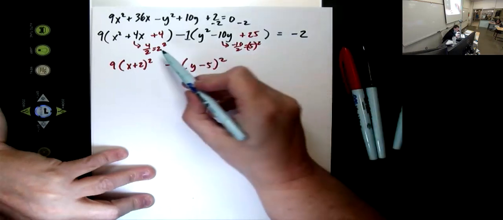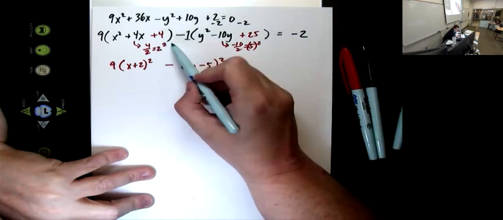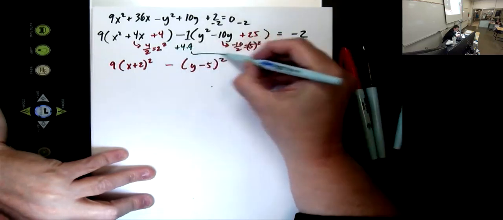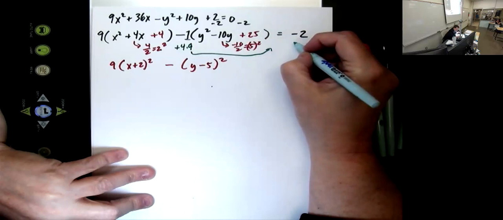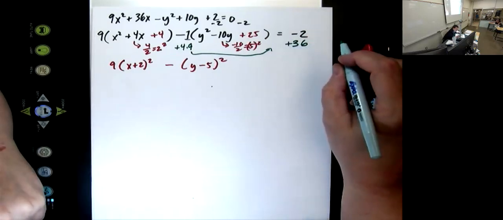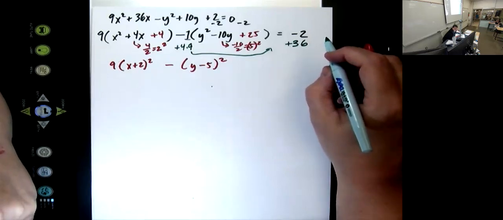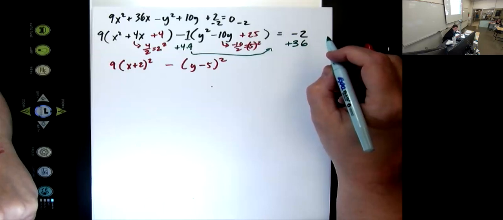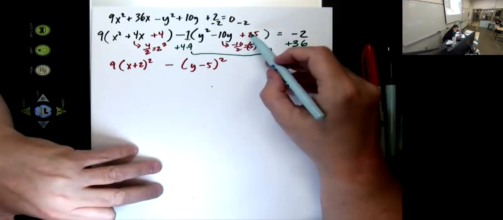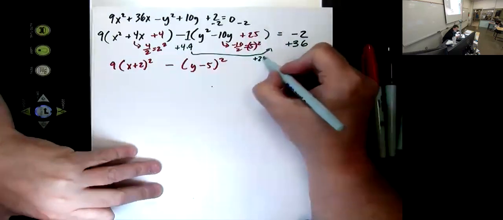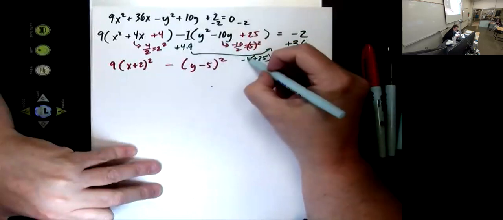All right, I didn't just add 4, I added 4 times 9, which means I'm going to do this over here as well. 4 times 9 is 36. We're going to add 36 over here. Here I have add 25, but it's multiplied by -1.